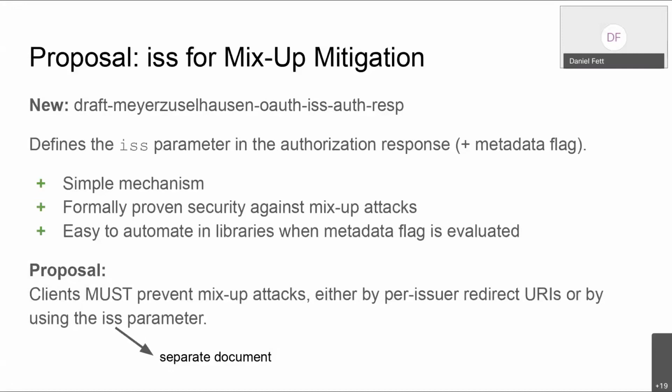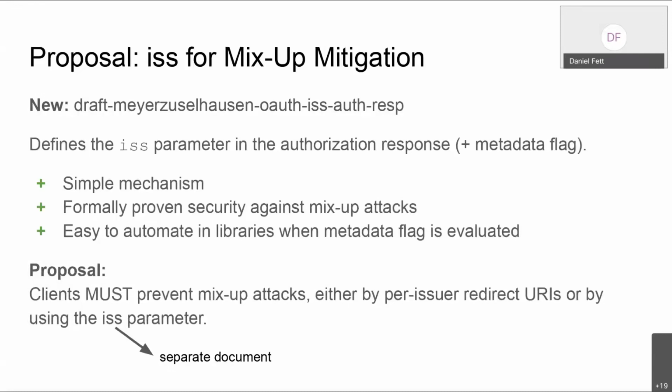So the authorization response arrives at the client, and the client sees, okay, this response comes from honest.com, while I as a client am thinking I'm interacting with attacker.com. So the client would see the mismatch there, and then can stop the transaction.